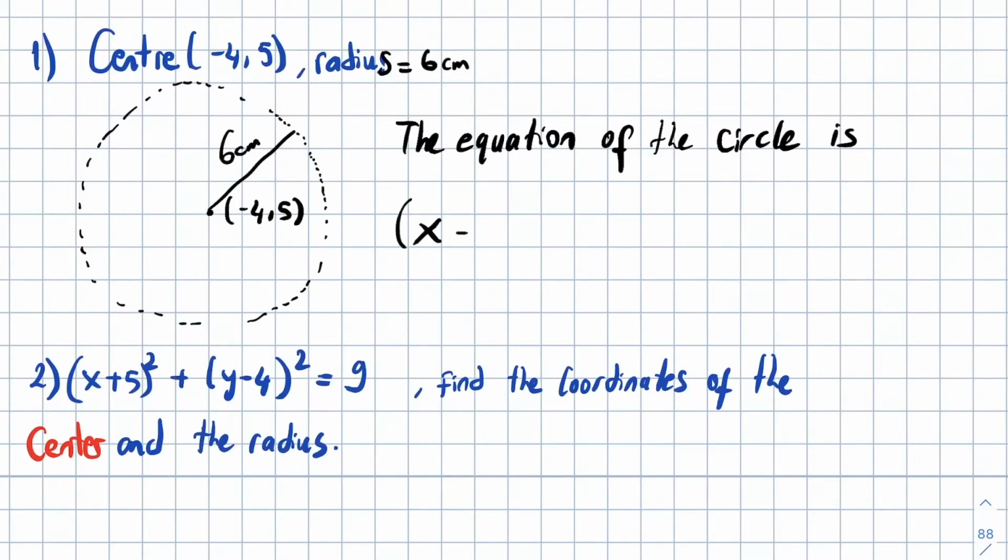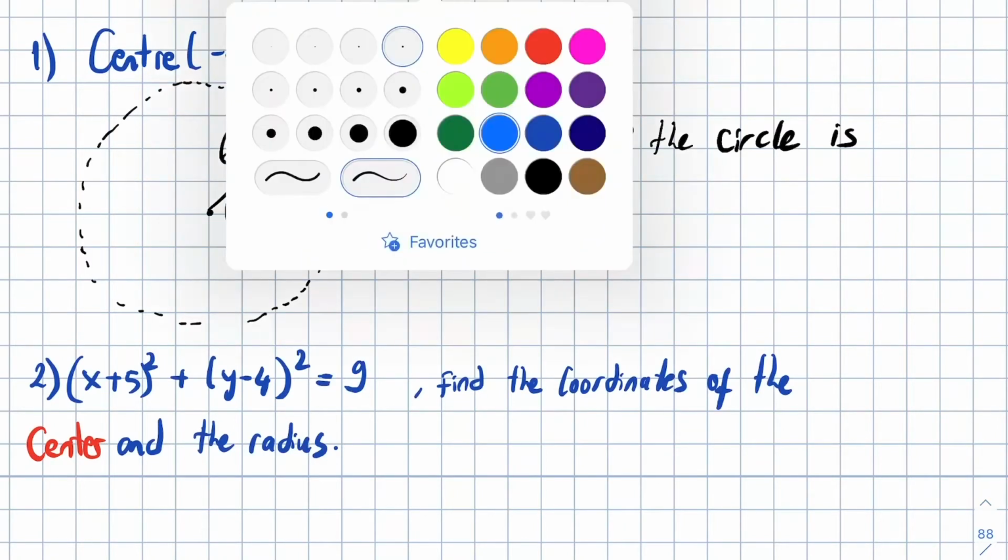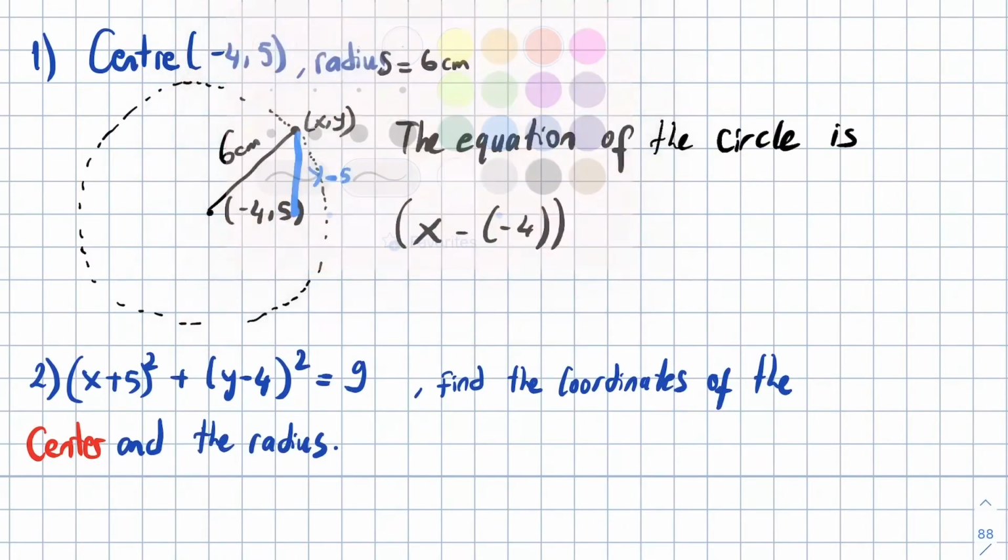we're going to subtract -4 from x, so x minus -4. I recommend you use parentheses for negative numbers. I'm drawing this blue line. This blue side is y minus 5, the length of the blue line. And I'm going to draw another red line segment, or you can just say side. This side, x minus -4, will give you the length of the red line.